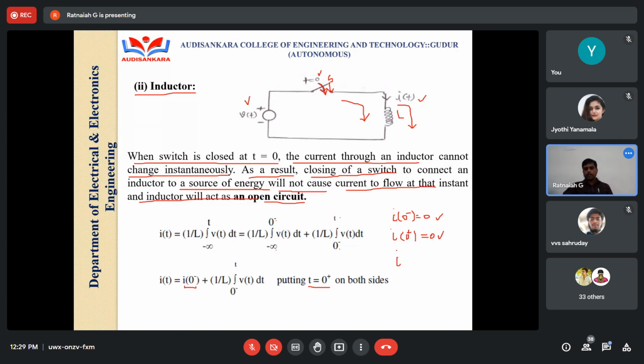Then after some time, up to infinity, that is after fully charging the inductor, what is the current in the inductor? At that time the inductor will behave like a short circuit, but when you close the switch, initially the inductor acts as an open circuit.